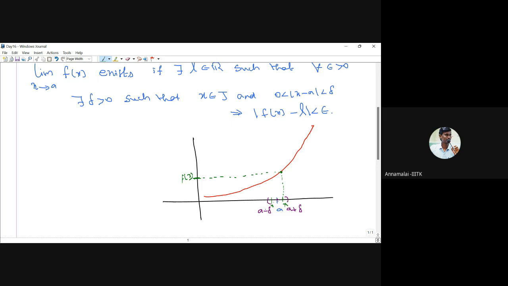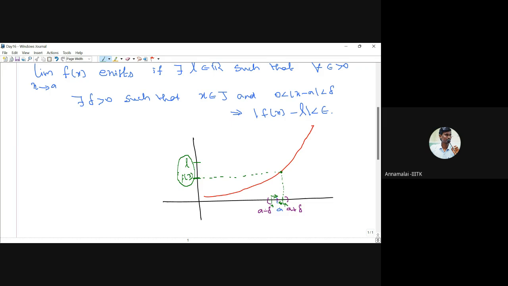Suppose x approaches the point a from the right hand side, then f(x) approaches that value. That means L may be here or here, but the distance between L and f(x) is less than epsilon.